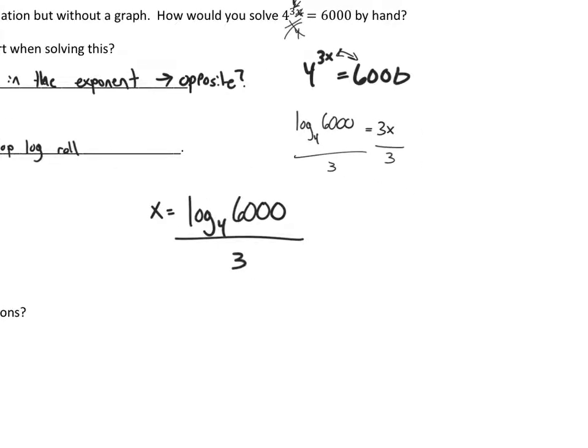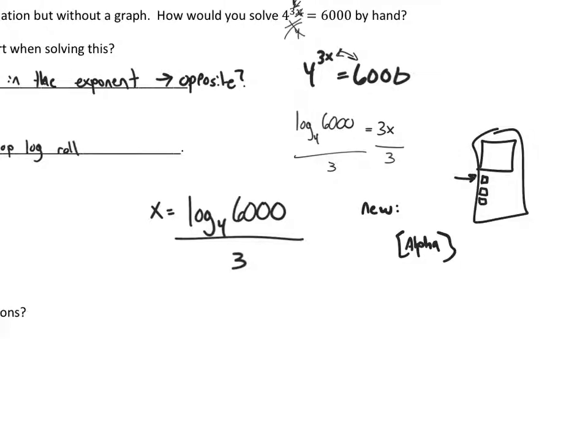So let's talk about how we can type that in on the calculator. If we have the newer calculators, you are going to hit alpha. On the calculator, you have y equals, you have second. This button is y equals, this button here is second. You are now going to hit alpha, and then you're going to hit window.